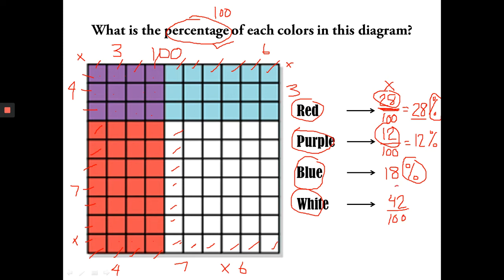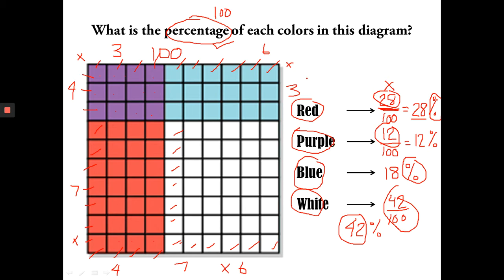But again, you don't have to go to fraction to get the percentage. If you have the diagram, you can just go directly to 42%. That means 42 of these squares are white. 42 out of 100, out of the percent.